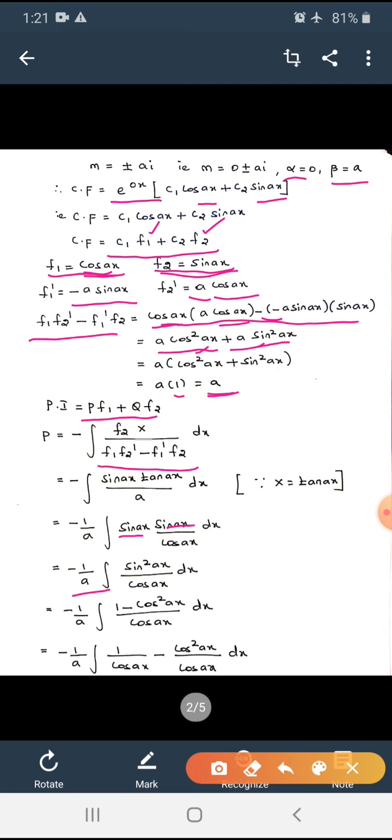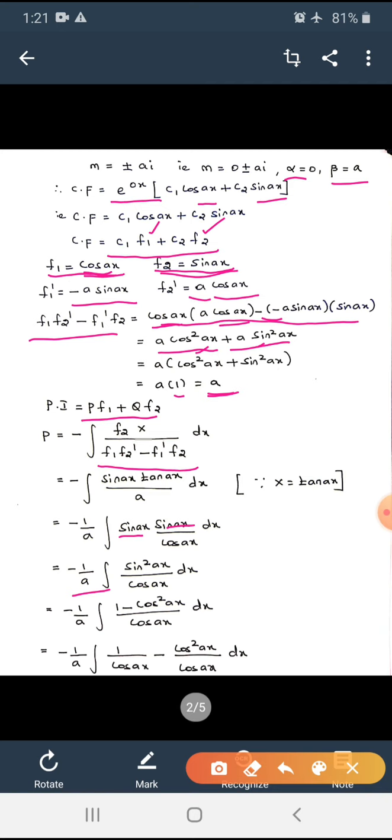Now before integrating, let us simplify it, because formulas are not available for sin square ax by cos ax dx. So we get minus 1 by a integral sin square ax, which can be written as 1 minus cos square ax, by the denominator term, which we write as it is, cos ax dx.